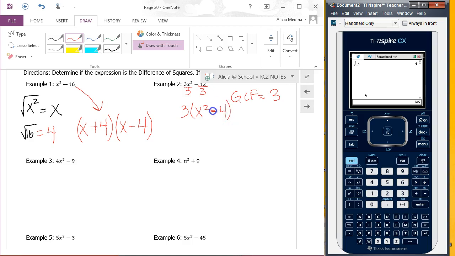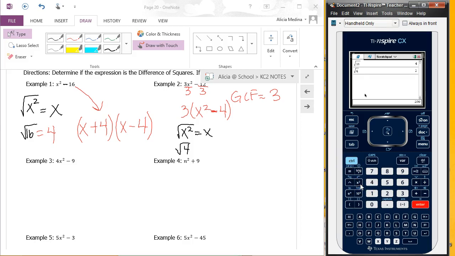And now I still see that that is the difference of squares. I see that subtraction sign, but I want to check to make sure that each of these terms is a perfect square. So x squared, the square root of x squared is x. Square root of 4, well, if I'm thinking of numbers that multiply to 4, that's the same number. Again, if you want to check it in your calculator, you can press Control x squared.